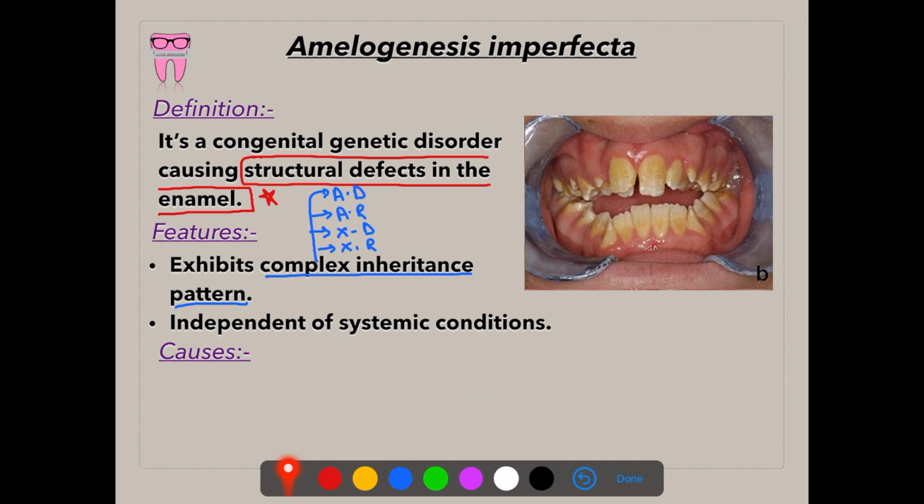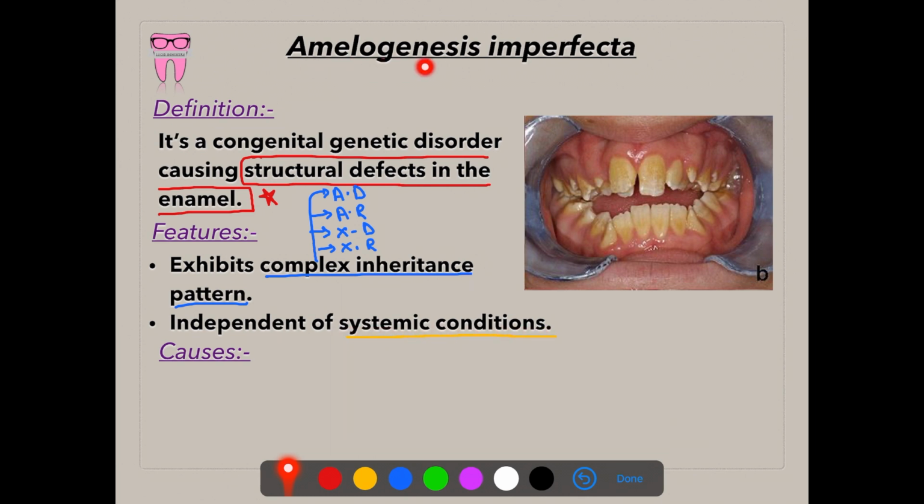Okay, now coming to the next classical feature of amelogenesis imperfecta, it is independent of systemic conditions. As I have already mentioned in the previous slide, enamel hypoplasia is either genetic in origin or environmental in origin. If the enamel hypoplasia is environmental in origin, only then it is associated with systemic conditions.